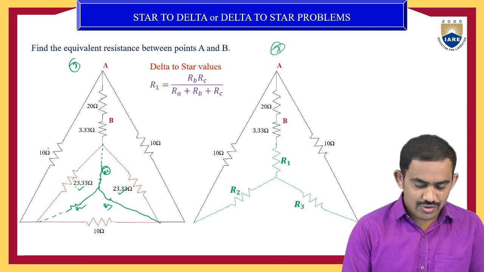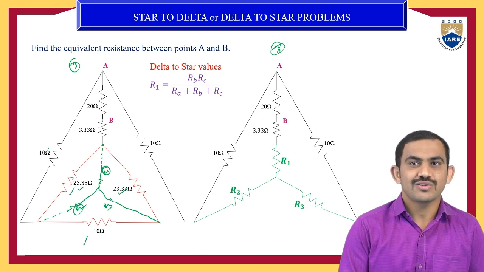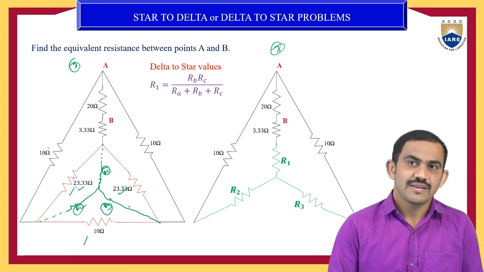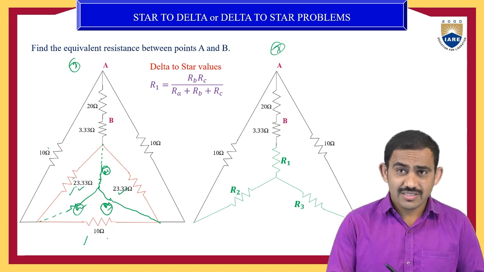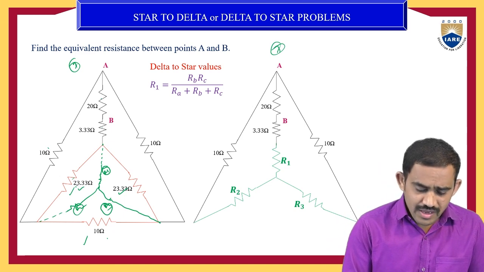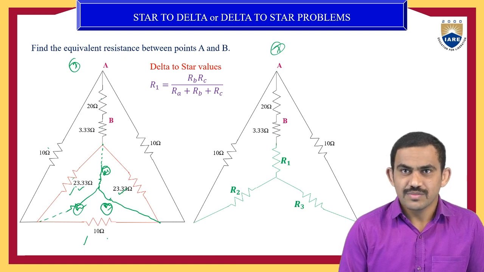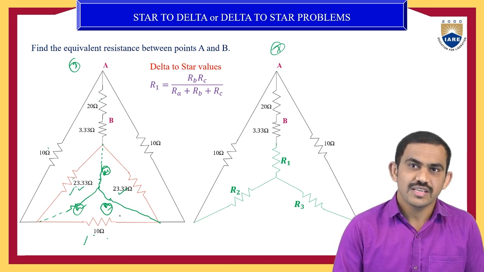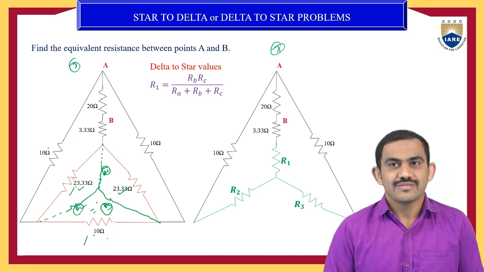Suppose I want the R2 value, 23.33 into 10 by your total value. If you want the R3 value, then 23.33 into 10 by your total value. Now just observe, the R1 value is 23.33 and 23.33, but for R2 and R3, it is 23.33 into 10 and 23.33 into 10. So R2 and R3 values are equal.